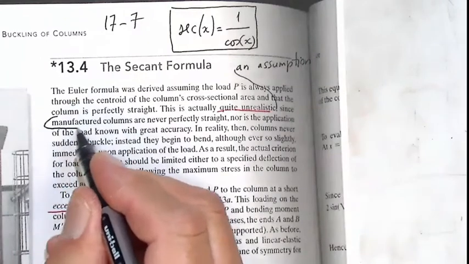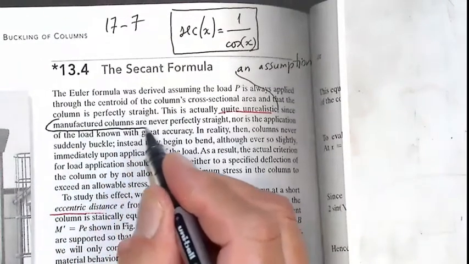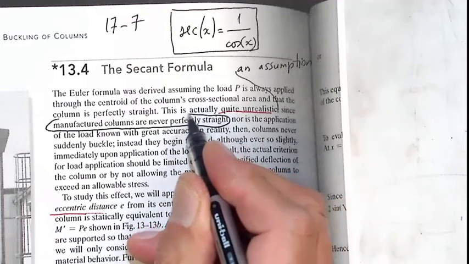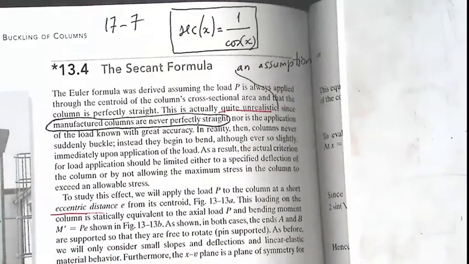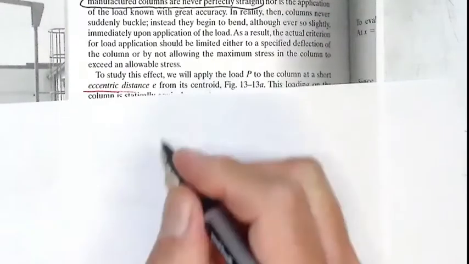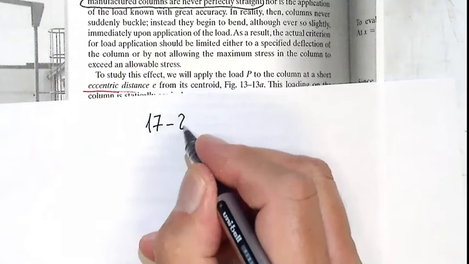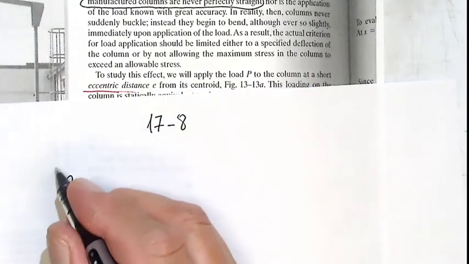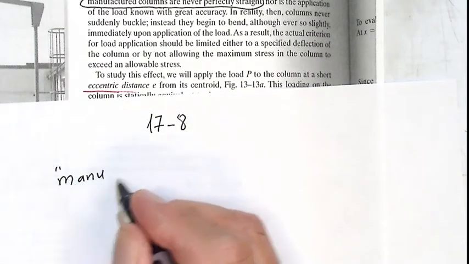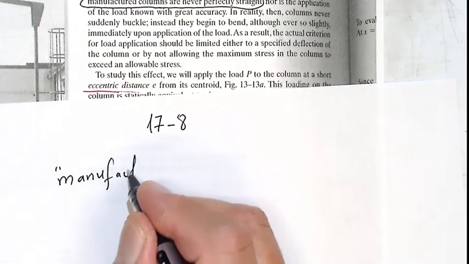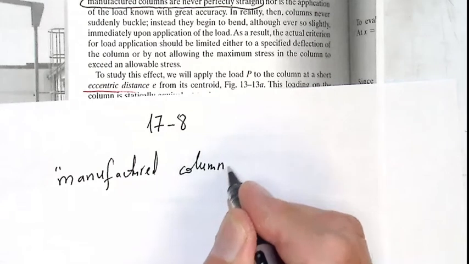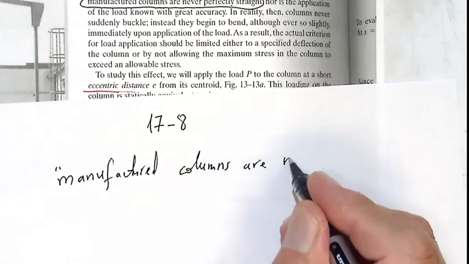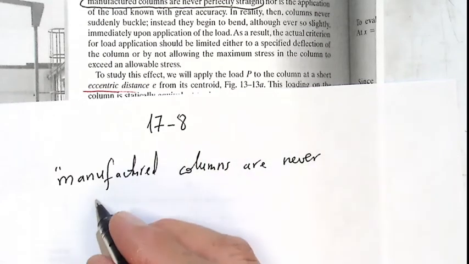So please, that is very, very important to know. I will actually write down this sentence, 17.8. Manufactured columns are never perfectly straight.